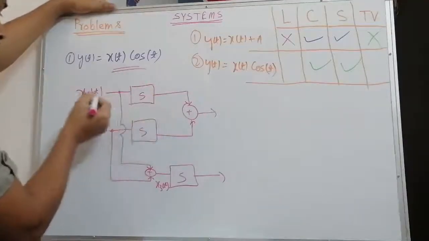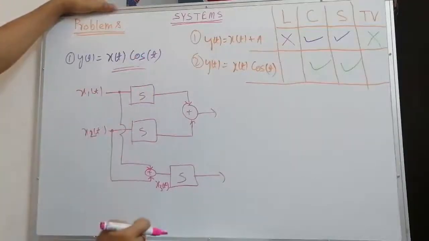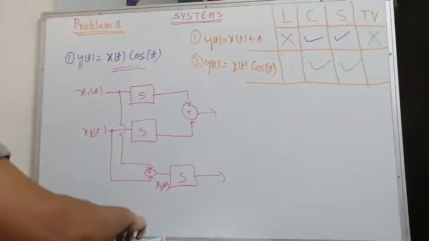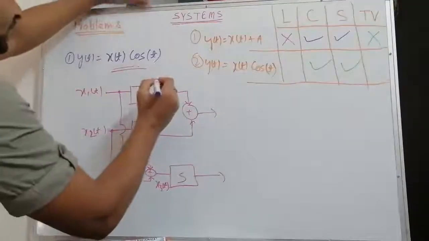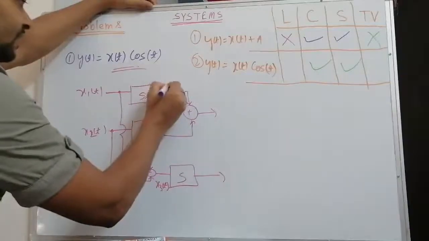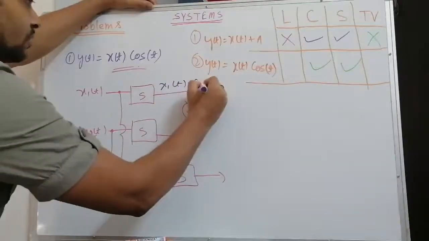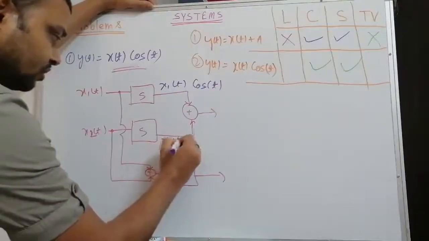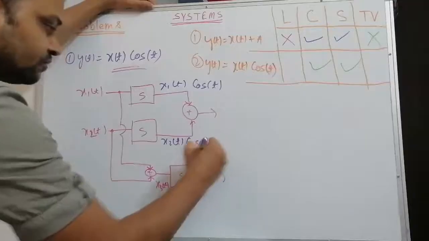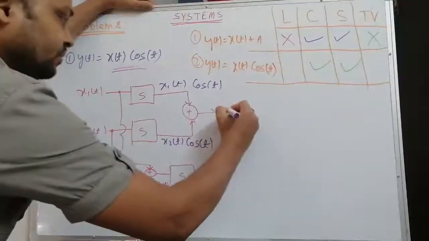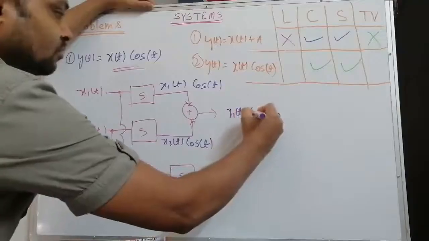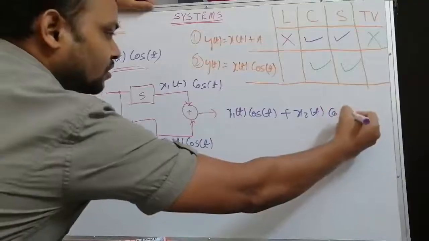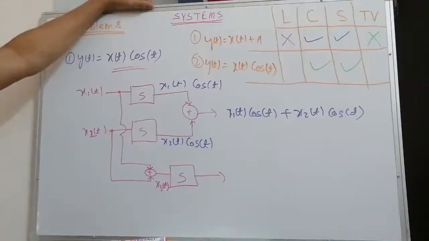The output of the system for the first input will be x1(t) cos t. The output for the second will be x2(t) cos t. Adding them, we get x1(t) cos t plus x2(t) cos t.